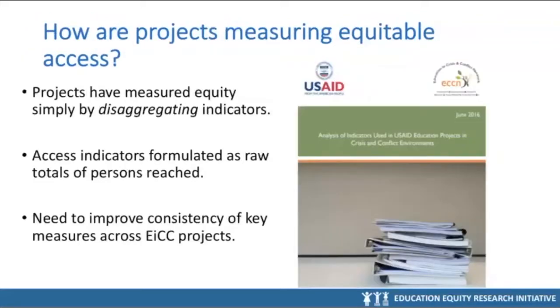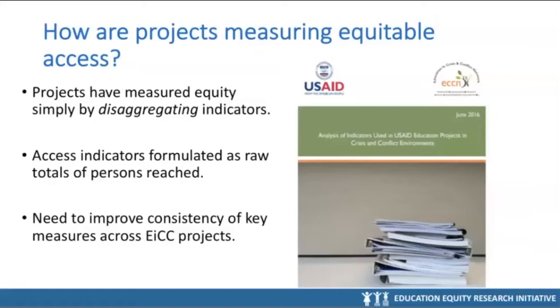So how have projects been measuring equitable access? There clearly is growing awareness at the discursive level about the need to promote equitable access and the role of equitable access in a conflict-sensitive approach. As Anjuli mentioned at the top of the webcast, in 2016, so about 2.5 years ago, ECCN did conduct an analysis of project monitoring plans focusing on the indicators that were used in USAID-funded education projects in crisis and conflict environments.